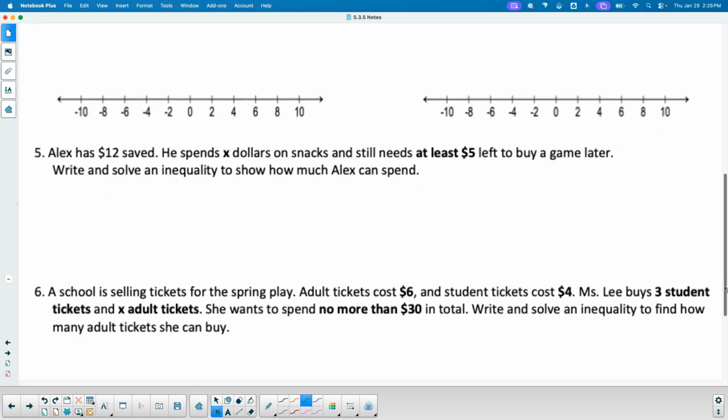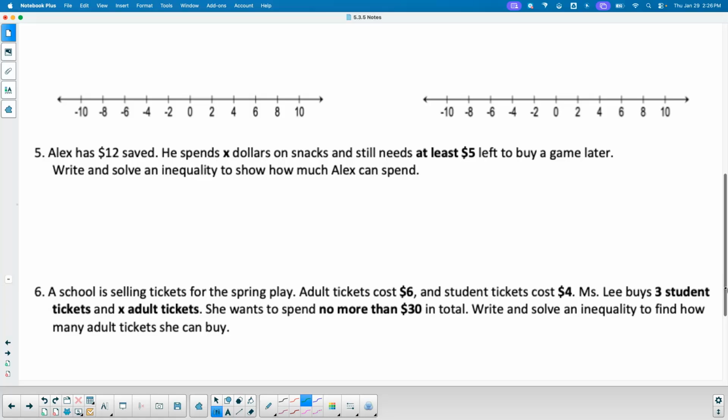Number 5 says Alex has $12 saved. He spends X dollars on snacks and still needs at least $5 left to buy a game later. Write and solve an inequality to show how much Alex can spend.